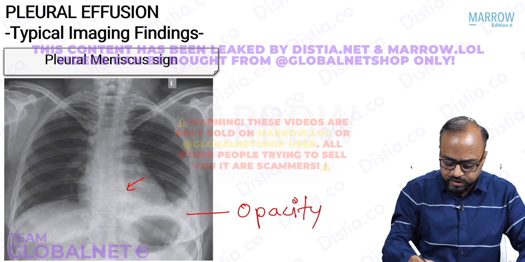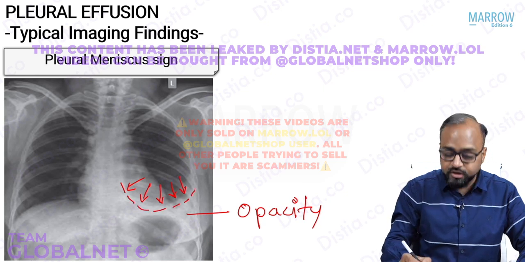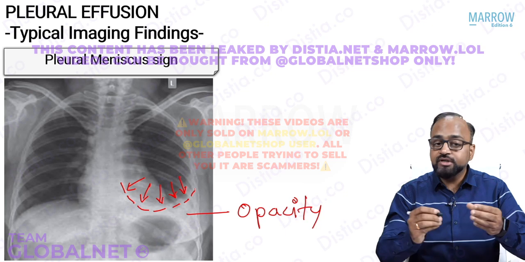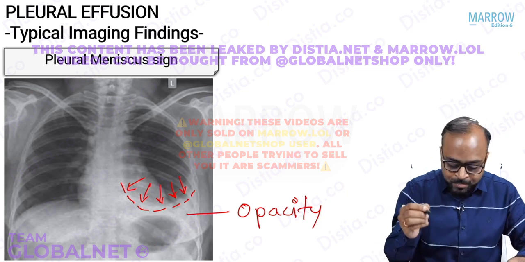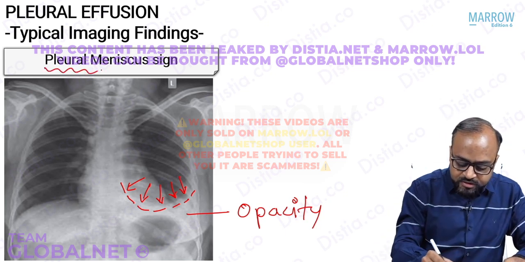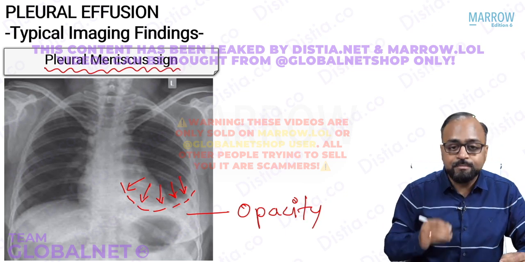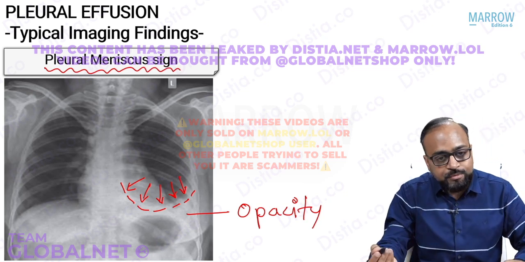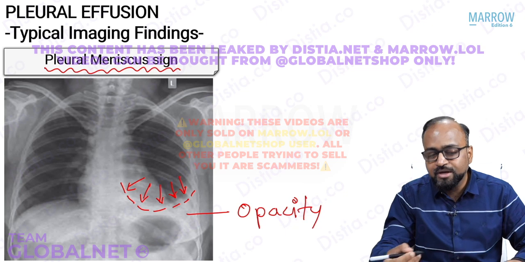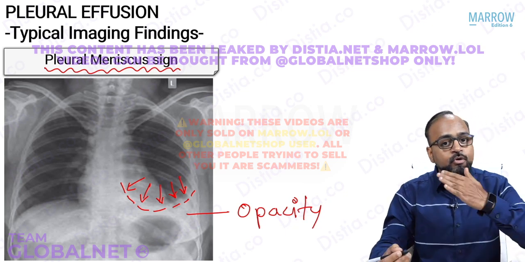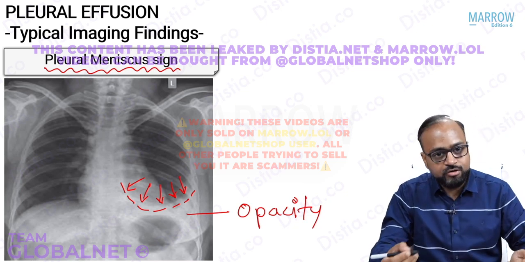And more importantly, it takes the shape like a meniscus, like this, like a meniscus on the surface of water when you hold water within a test tube or a capillary tube, isn't it? This is given a name. This is called the pleural meniscus sign. Usually it means that there is around 500 ml to 1 liter of fluid depending upon how high the meniscus is on the radiograph.